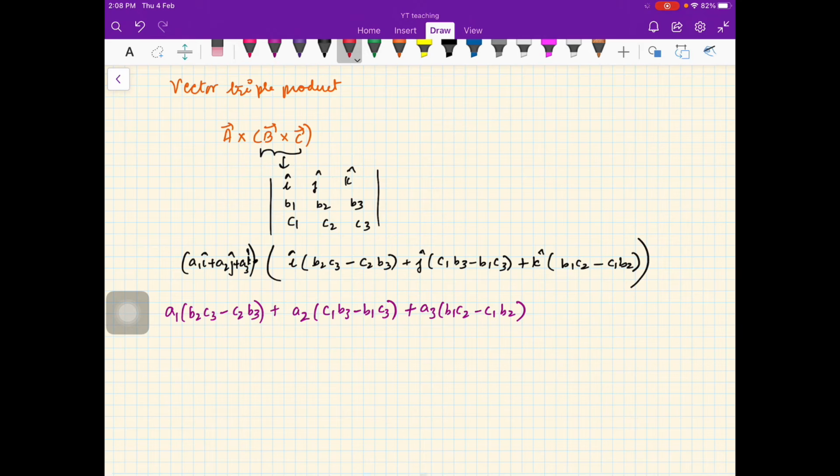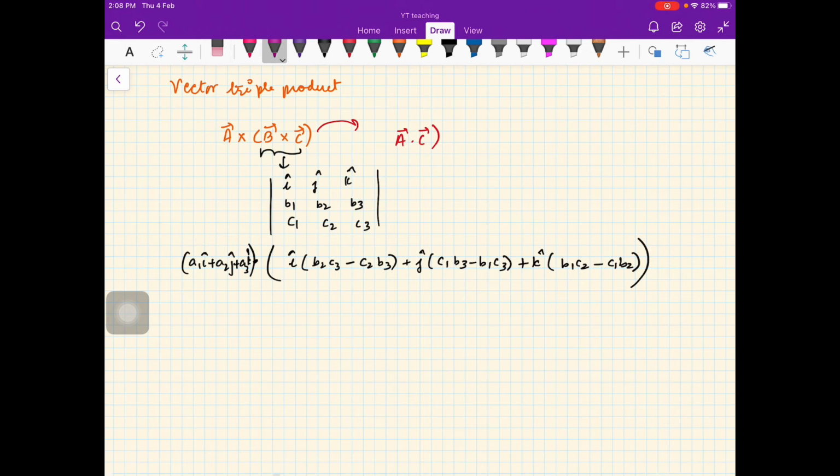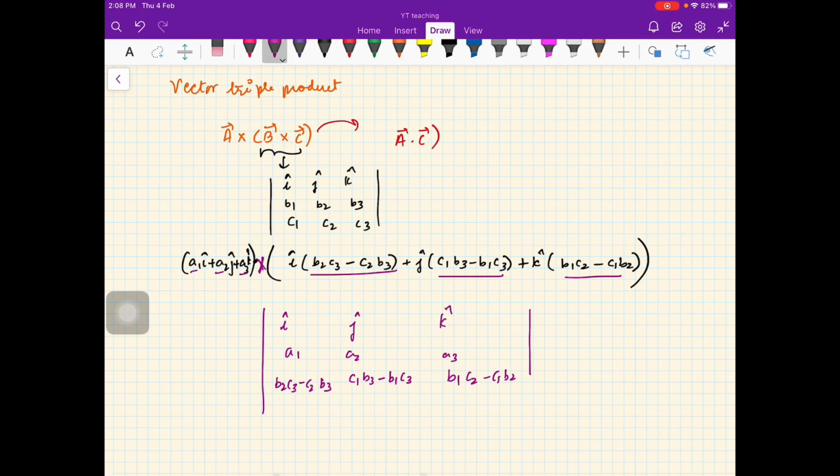I'm sorry, here we are not taking the dot product, we are taking the cross product. So it means that what you have to do is i, j, k, A1, A2, A3, and then you have to write B2 C3 minus C2 B3. Here you have to write C1 B3 minus B1 C3, and here you will write B1 C2 minus C1 B2. Okay, so you find out this product.